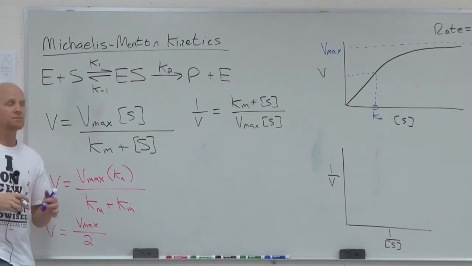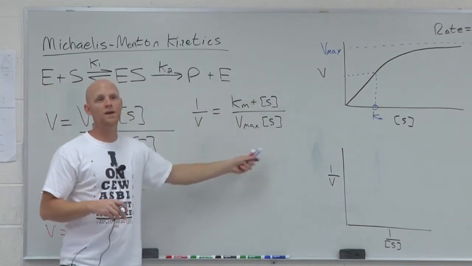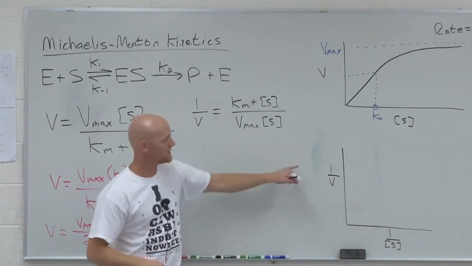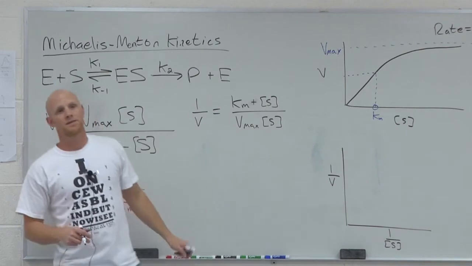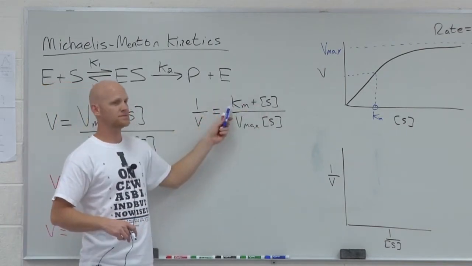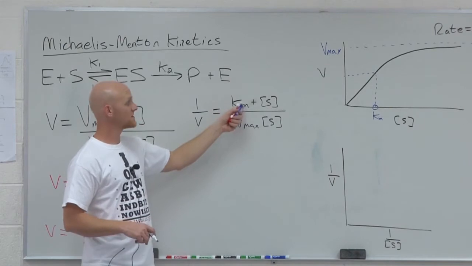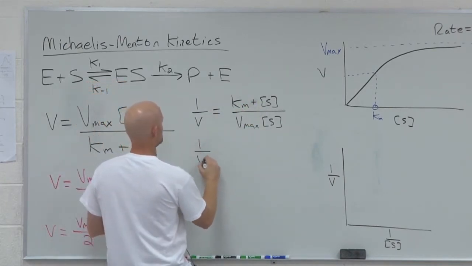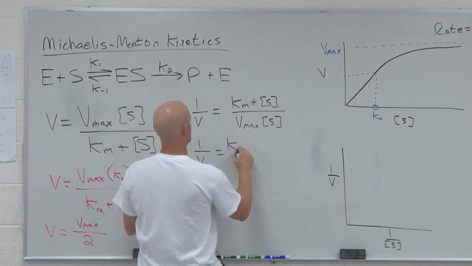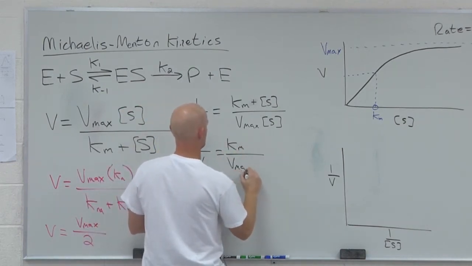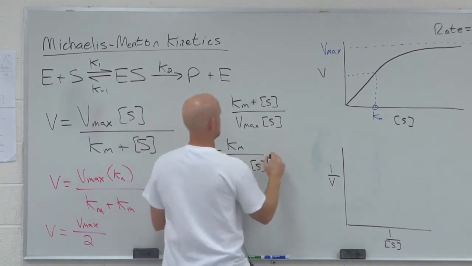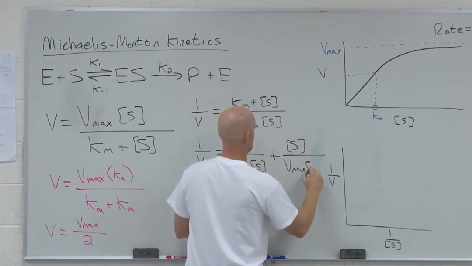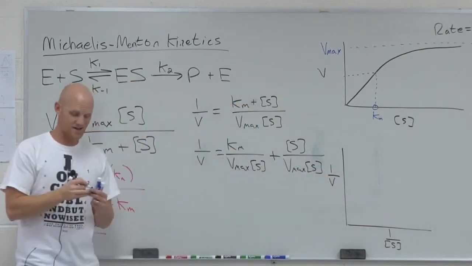My goal is to set this up so it matches y equals mx plus b, where x lines up with my x-axis, 1 over s, and y lines up with my y-axis, 1 over v. If you recall, a property of fractions is that if you have 2 terms in the numerator, you can spread that out into 2 separate terms. That's what I'm going to do here. 1 over v equals Km over Vmax times s, plus s over Vmax times s.